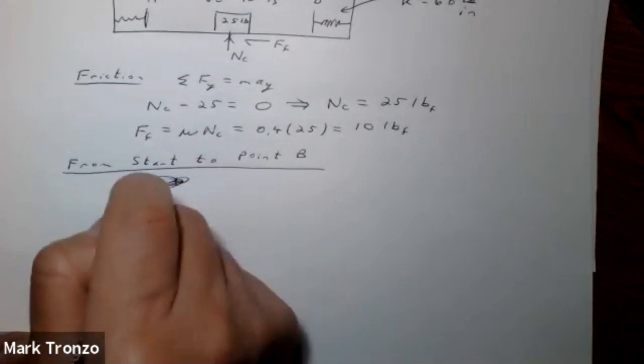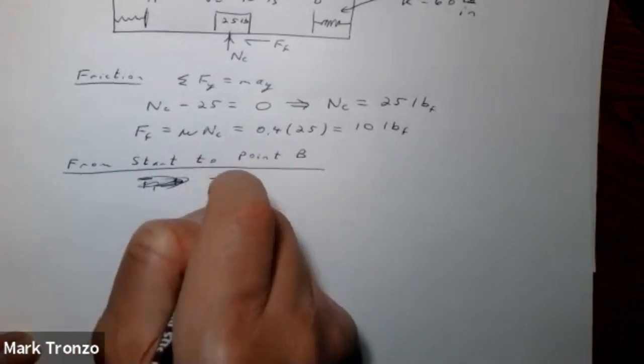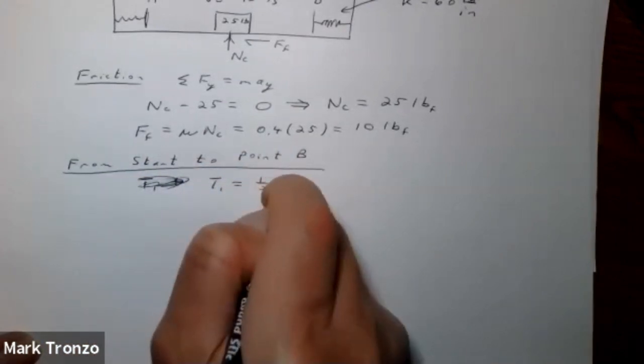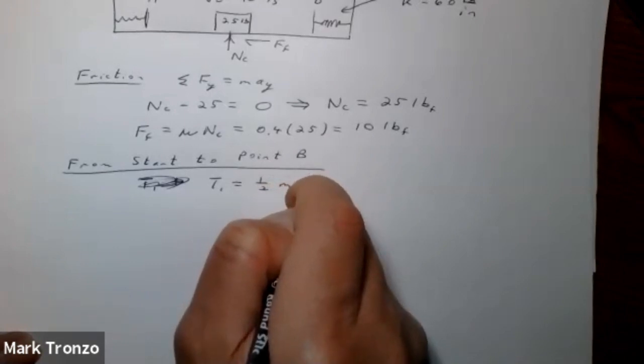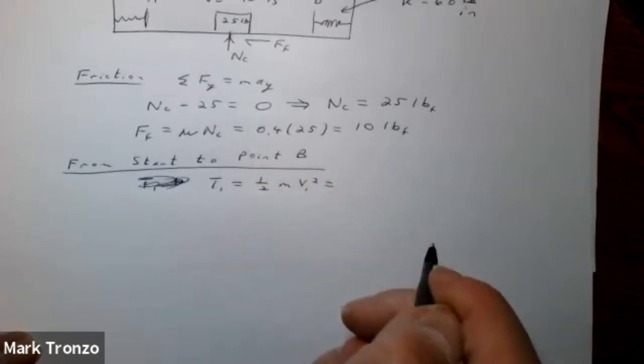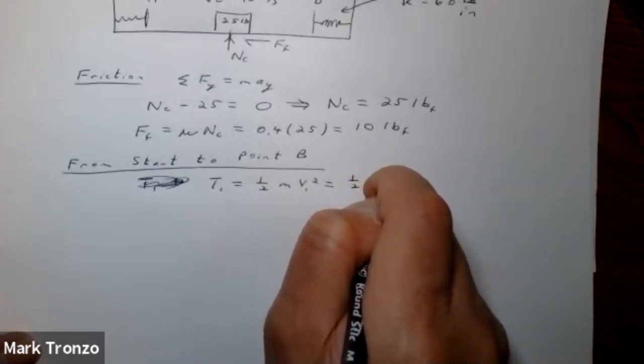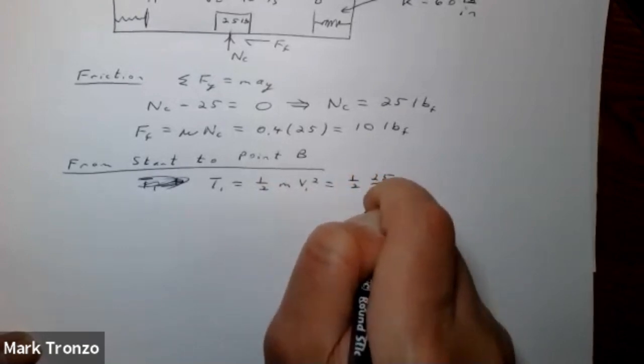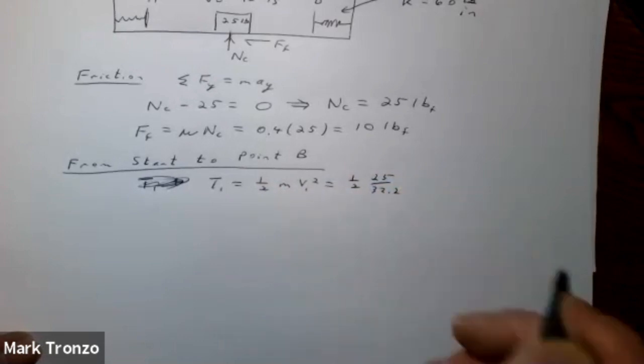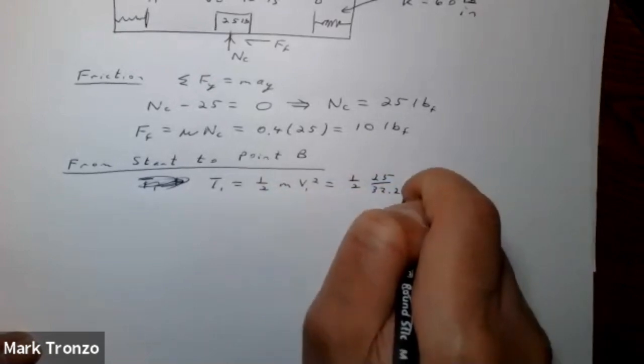So from the start to point B, our T1 is going to be 1/2 MV1 squared. And again, that's going to be 1/2 25 divided by 32.2, and we're told it's starting at 10 feet per second.